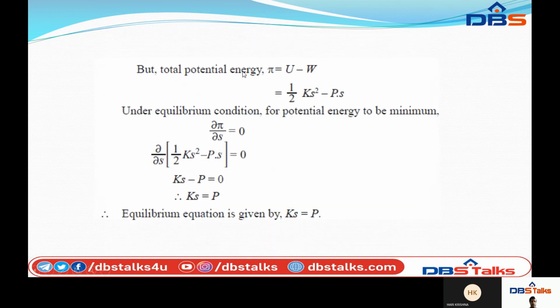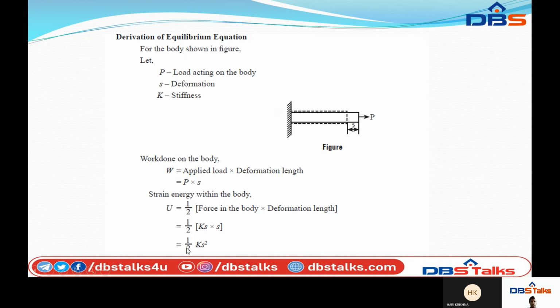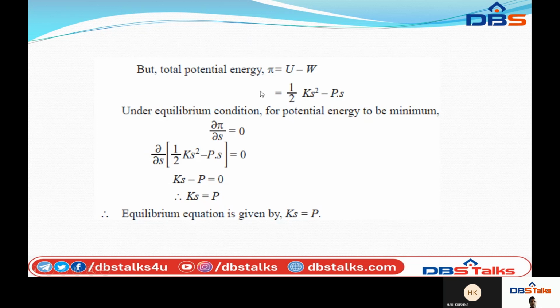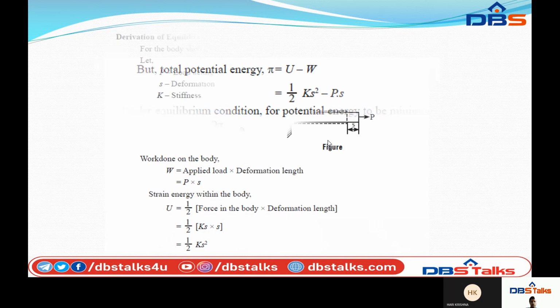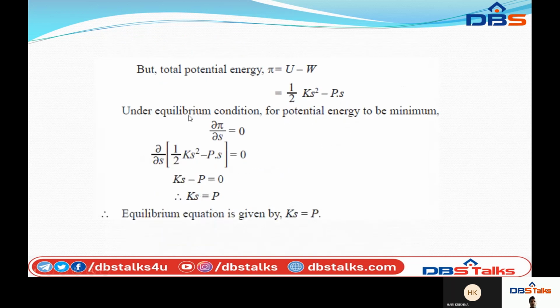Then the total potential energy, which I told you about on the previous slide, pi, is obtained by subtracting the work done due to external force from the strain energy of the body, U minus W. We already know the U value, that is half Ks square, and W is P into S. Substituting these values in the pi equation, I get half Ks square minus P into S, where P is the load acting on the body and S is the deformation length.